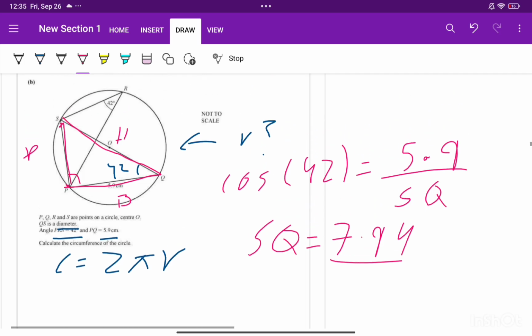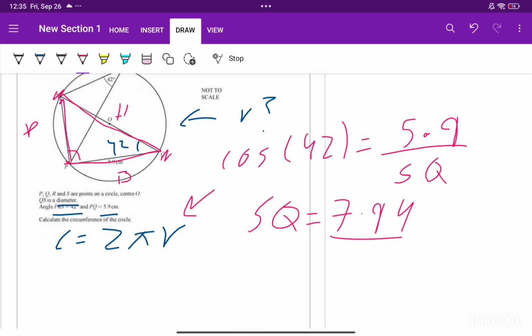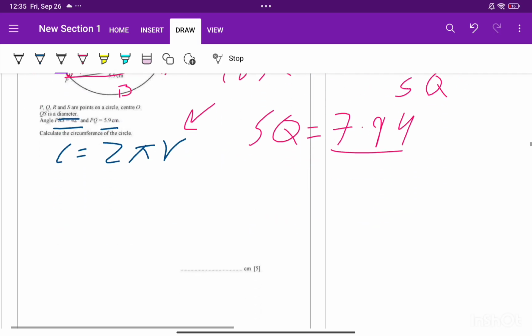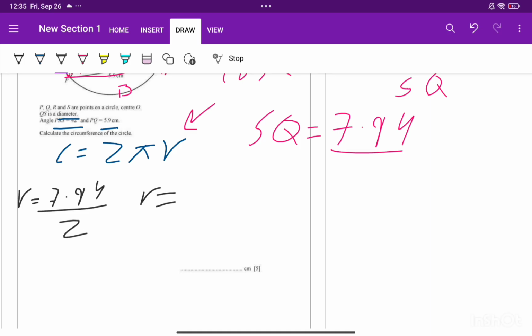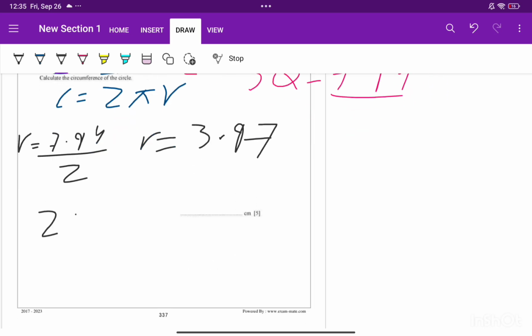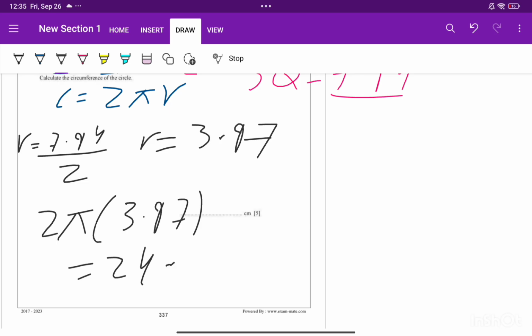So 7.94 is SQ, which is the diameter, but the circumference formula is 2 pi r. We need to find the radius, so we divide the diameter by 2. 7.94 divided by 2, so the radius will be 3.97. Now we can use the formula, 2 pi 3.97, which will give us 24.94, which is 24 centimeters.